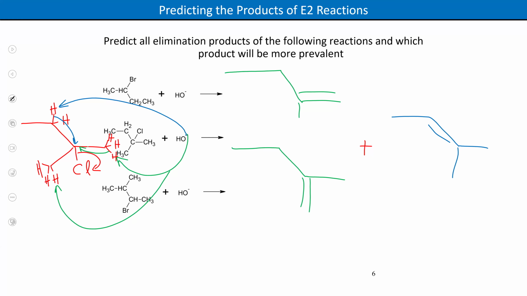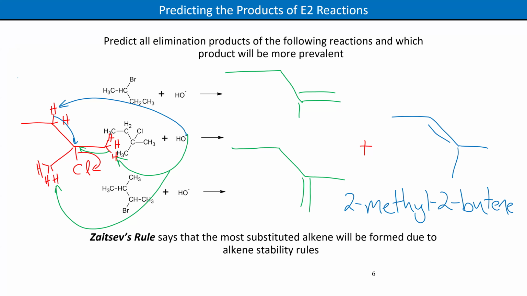It's either going to be 2-methyl-2-butene, or it's going to be 2-methyl-1-butene. Both of these you would name the same way. That's how you know they're the same molecule.